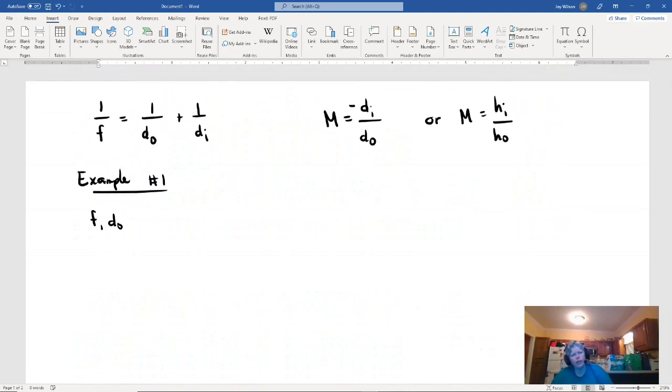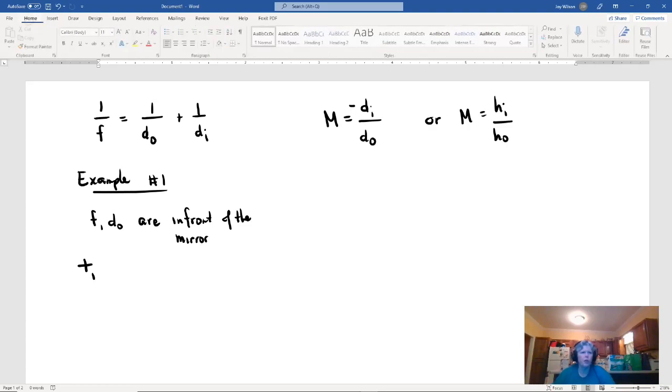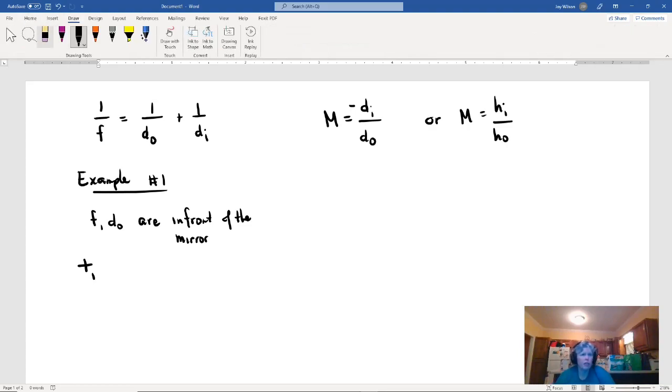F and do are in front of the mirror, so they are both positive. So the number you put in, F will get a positive sign and do will get a positive sign. Both of those are in front of the mirror.